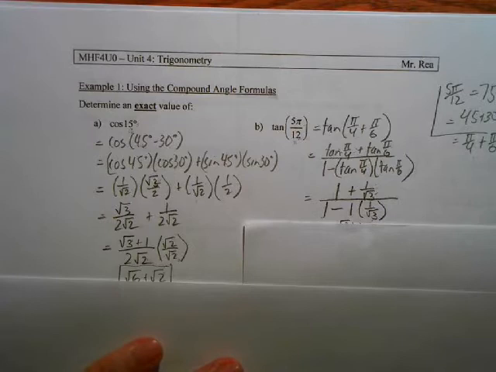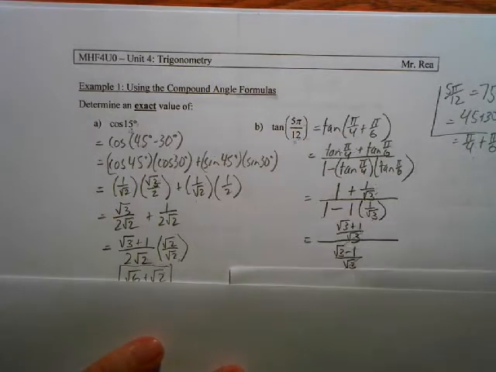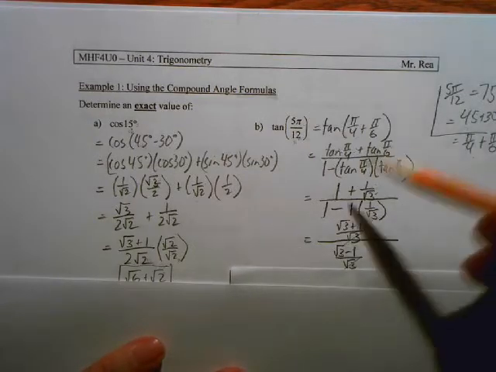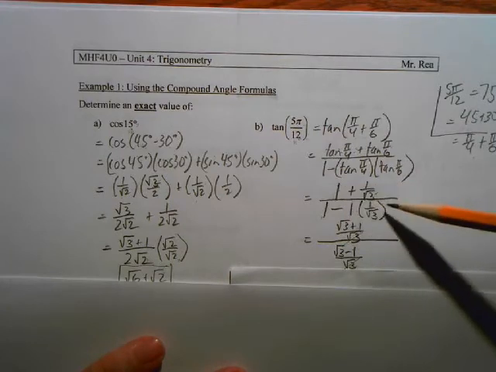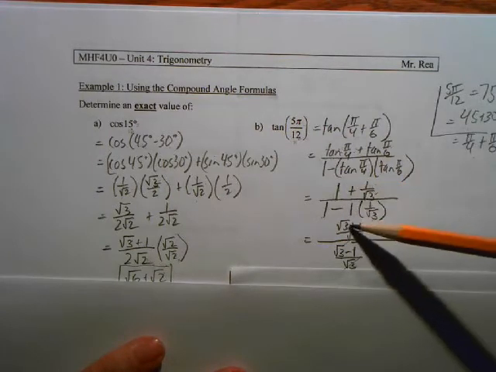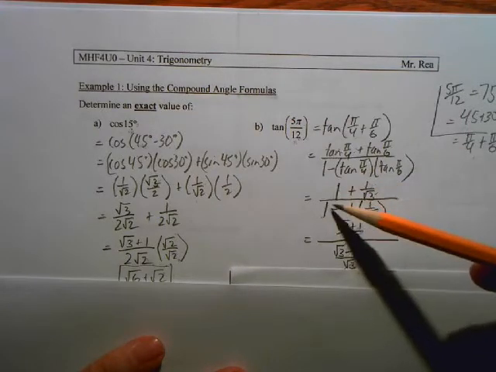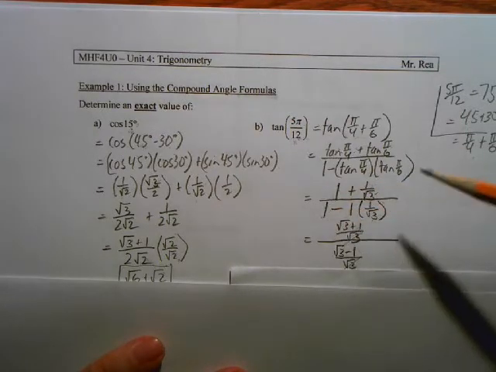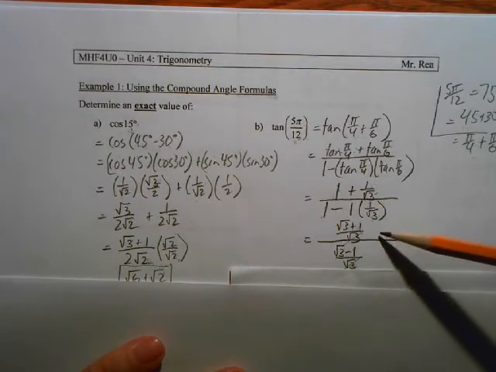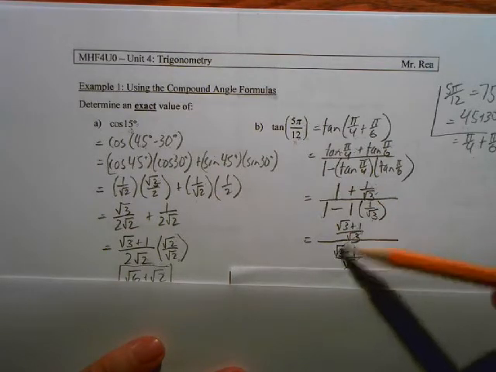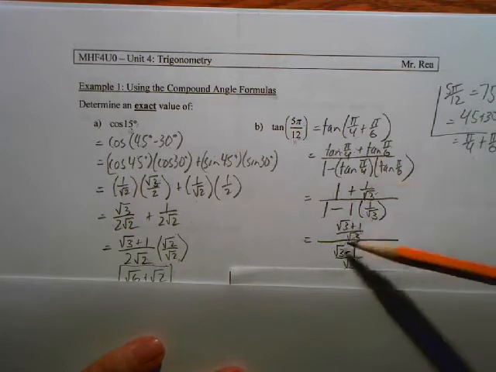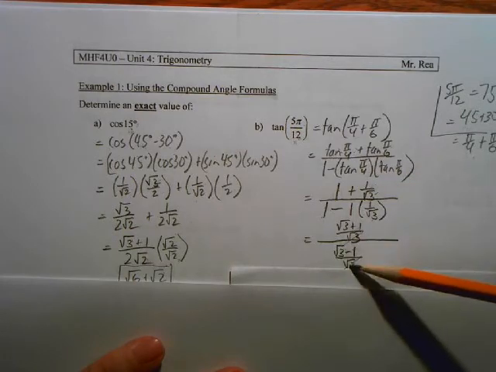So when we start simplifying, this one's a bit trickier. 1 is the same as root 3 over root 3, so that's root 3 plus 1 over root 3 on the top. And same thing on the bottom, we got root 3 over root 3 minus 1 over root 3. So we get on the denominator root 3 minus 1 over root 3.